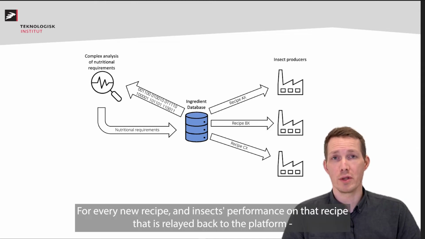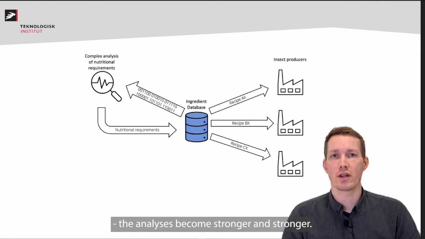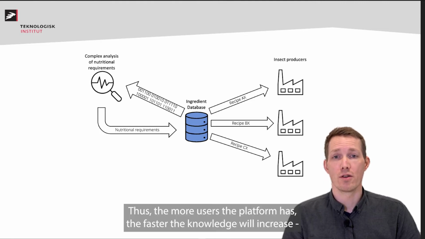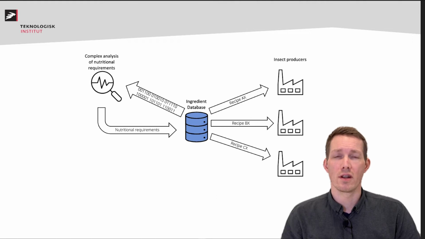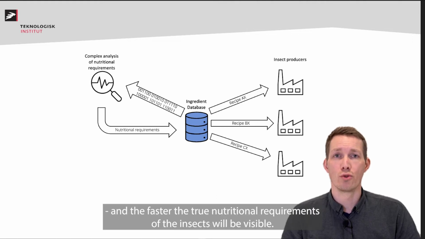For every new recipe and the insect's performance on that recipe that is relayed back to the platform, the analyses become stronger and stronger. Thus, the more users the platform has, the faster the knowledge will increase, and the faster the true nutritional requirements of the insects will be visible.